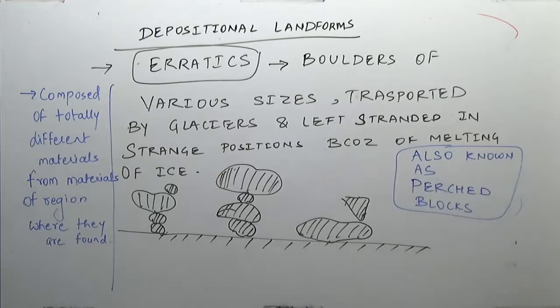So these are known as erratics: boulders of various sizes transported by the glaciers, known as perched blocks, known as erratics.